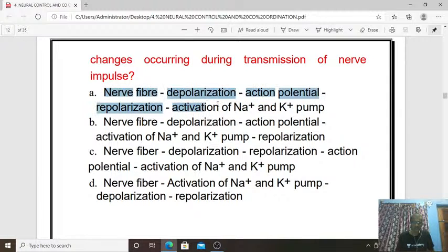As a result, sodium ions move to the inner side of the axon and potassium ions move from the axoplasm to the outer side of the neuron. So sodium potassium pump activation is required for the conduction of nerve impulse.